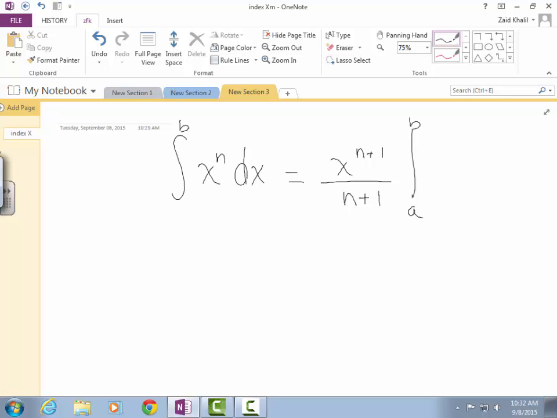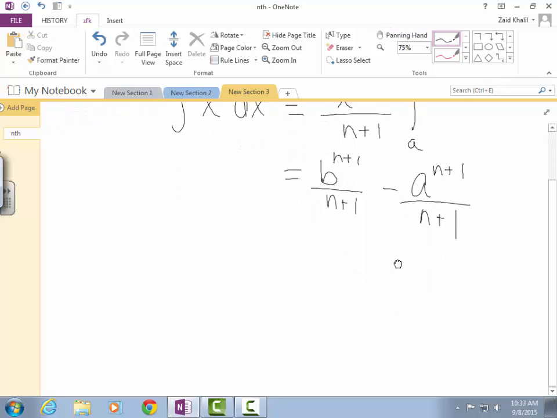In other words, this is going to be b to the m plus 1 over m plus 1 minus a to the m plus 1 over m plus 1. I'm going to say this explicitly, because I don't think there's a single case where we deal with an indefinite integral.